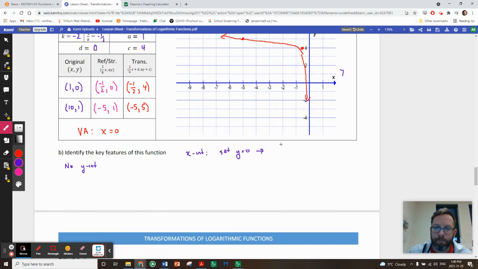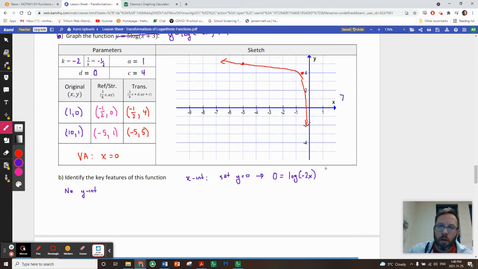So 0 equals the log of -2x plus 4. And so rearranging this, I get -4 equals the log of -2x. All right, and now let's rewrite this in exponential form, because right now clearly not obvious what satisfies this.